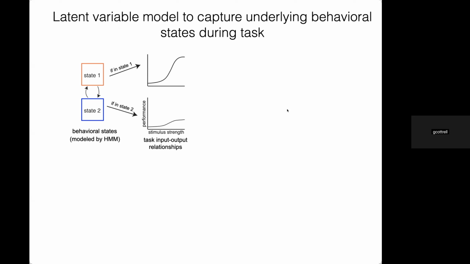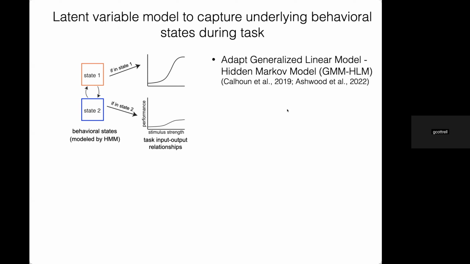And so we decided to capture these states and then try and ask how the decision-making circuit behaves. To do this, we adapted work developed by Kalun and Zoe Ashwood, people in Jonathan Pillow's group. What they do is they fit a latent variable model that tries to capture these different states.